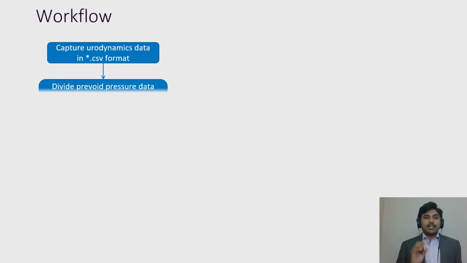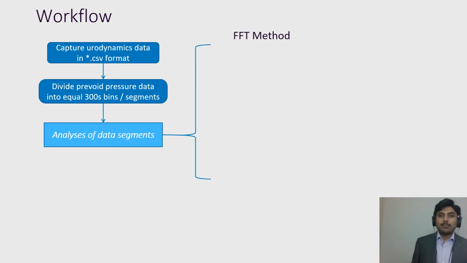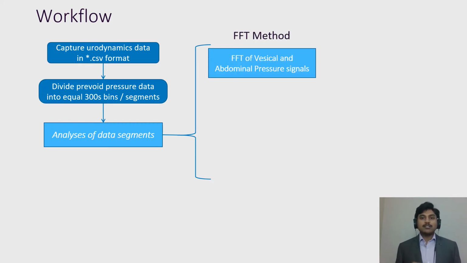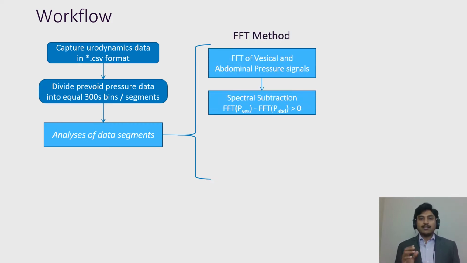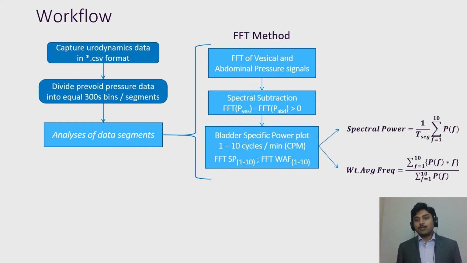We start by capturing urodynamics data in a CSV format for easier processing. We divide pre-void pressure data into 300-second bins or segments and analyze each segment by first applying FFT on both pressure signals, then subtracting the abdominal components from the vesical signal to reveal a bladder specific power plot within the 1 to 10 cycles per minute range, from which we calculate spectral power and weighted average frequency values of this segment.